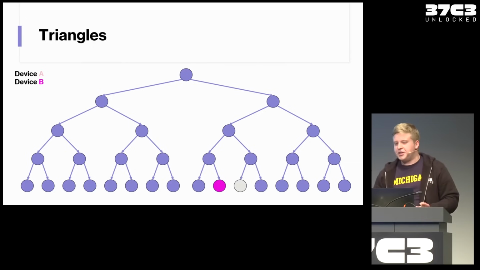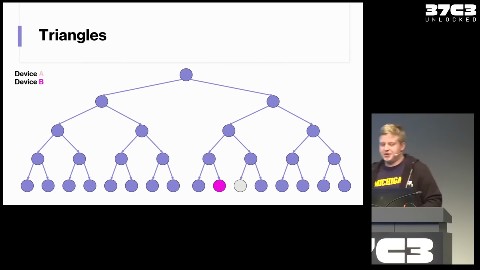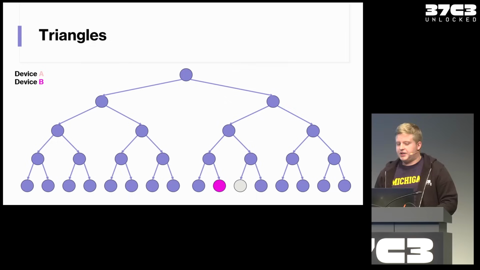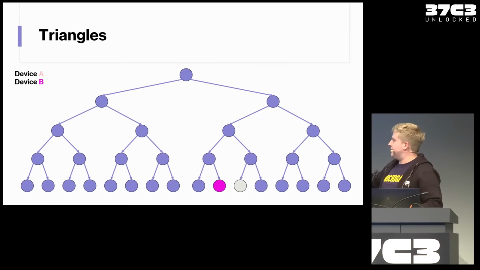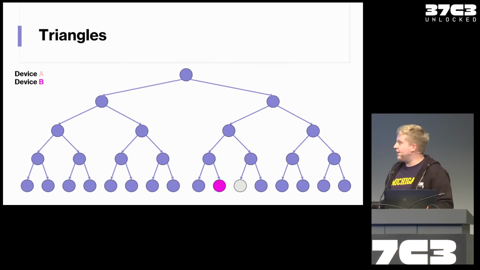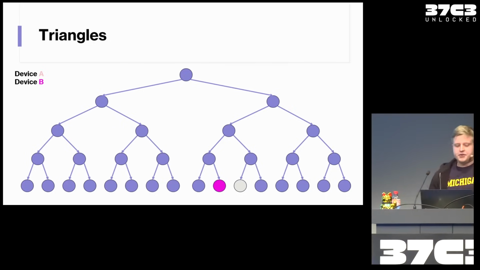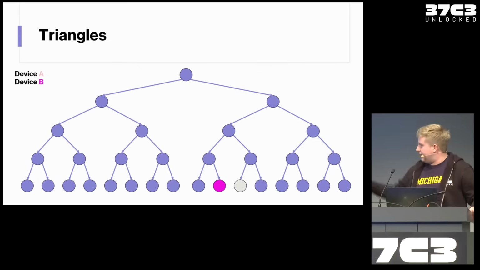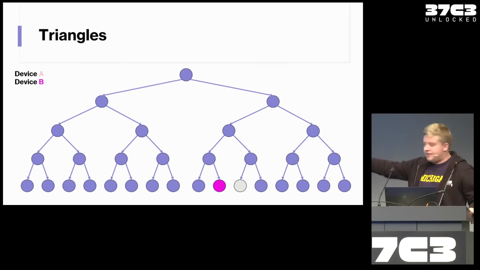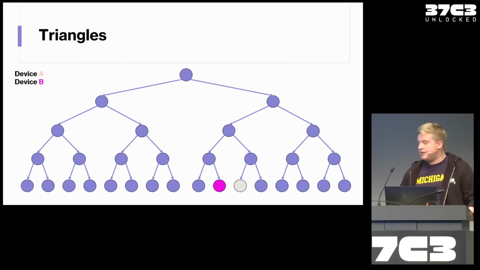So this is weird. So I tried to make a little bit of an easier way to visualize this. So suppose we have this smaller subtree and 2 devices, A in white and B in purple. So let's say we give A its unique device key at the very bottom of the tree as that white circle, and we give device B its own unique device key at the bottom of the tree in purple.